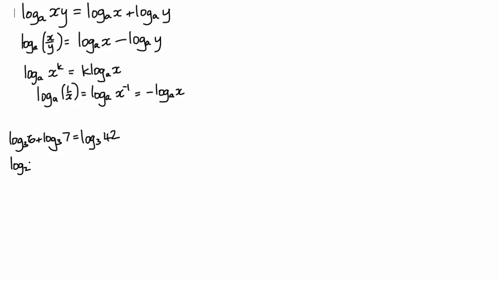Log to the base 2 of 15, take away log to the base 2 of 3, is log to the base 2 of 15 divided by 3, or in other words, log to the base 2 of 5.